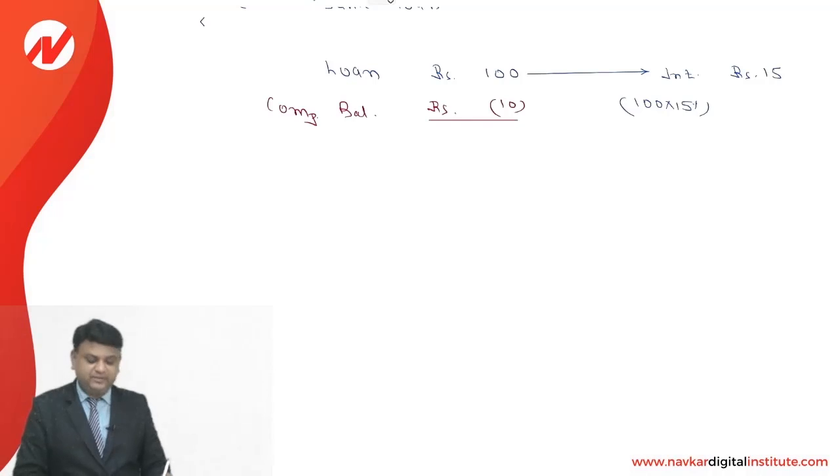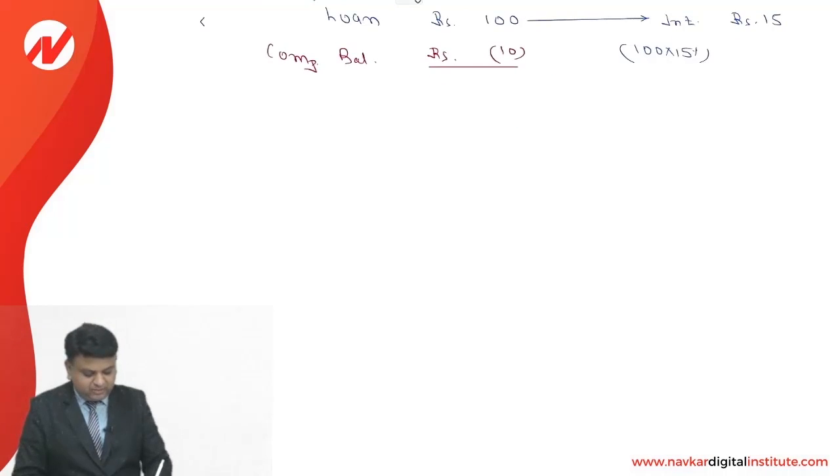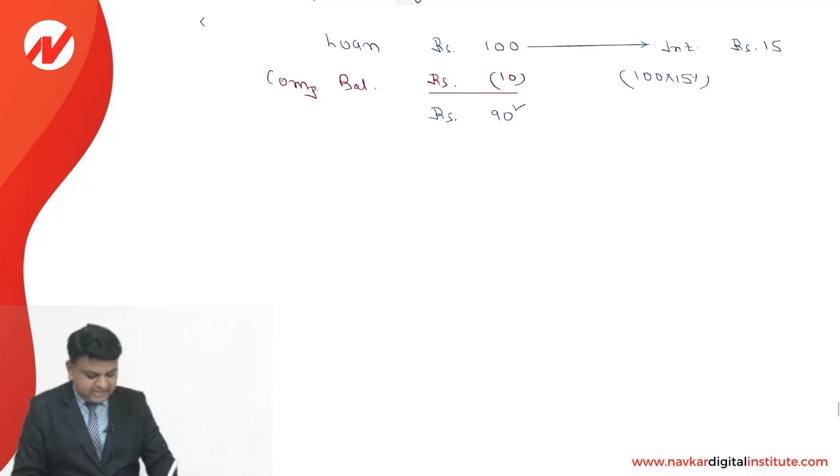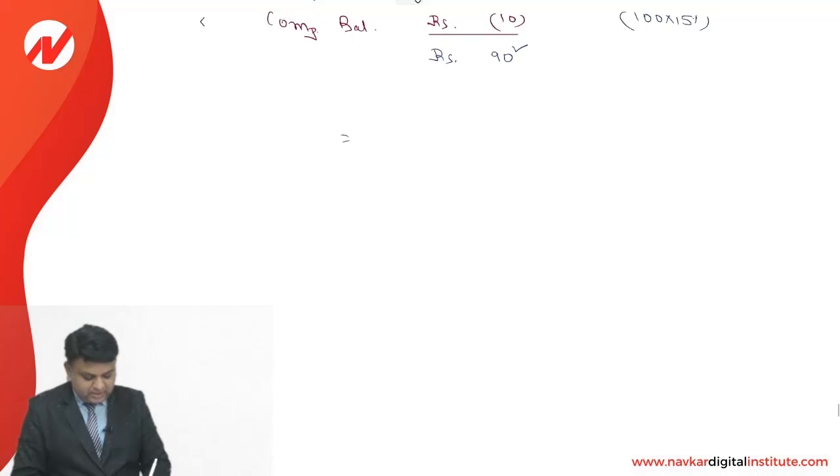So ultimately you are able to use an amount of rupees 90 in your business, and for using this 90 rupees you have to incur the cost of 15. So the amount of financial charges you have to bear is 15, and the amount you use in your business is 90.